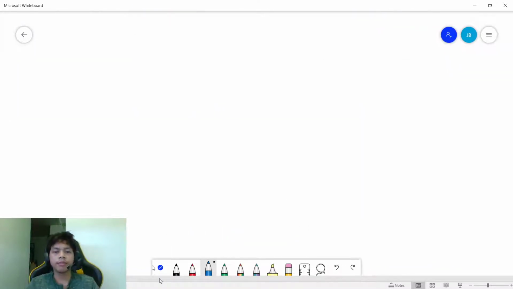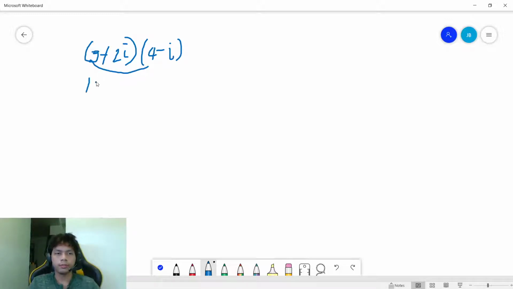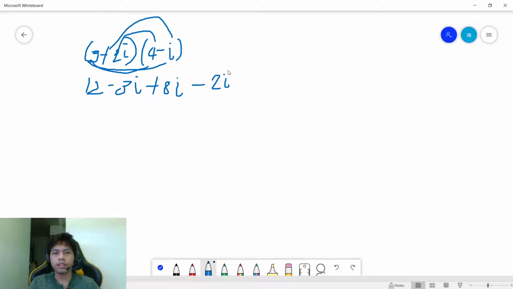Now let's have the multiplication. 3 plus 2i, multiply it by 4 minus i. All right, FOIL method first is 12 minus 3i plus 8i minus 2i squared. Automatically this is negative 1.